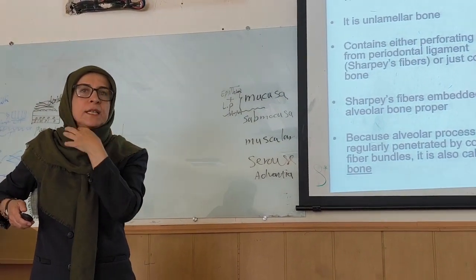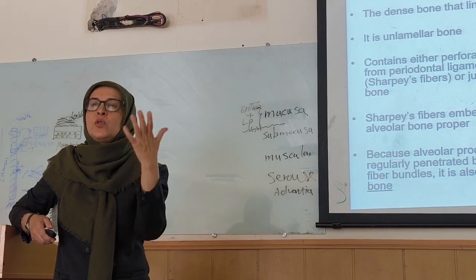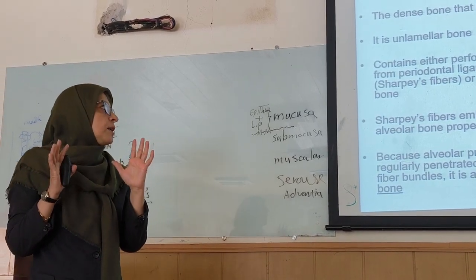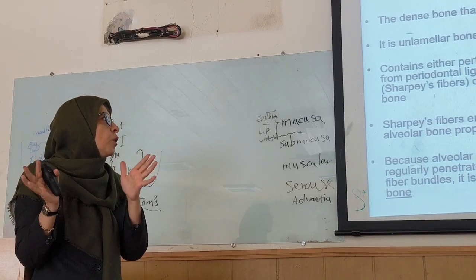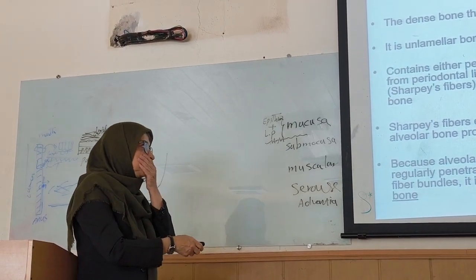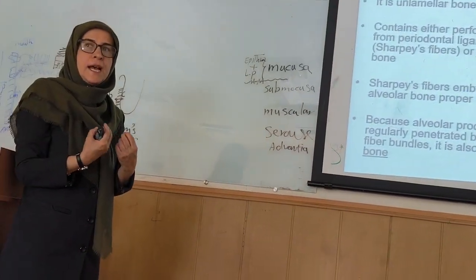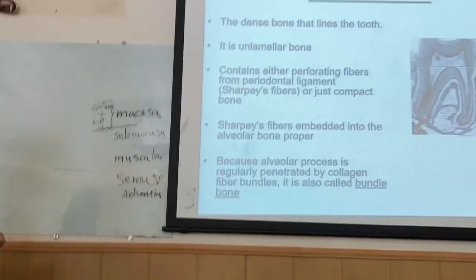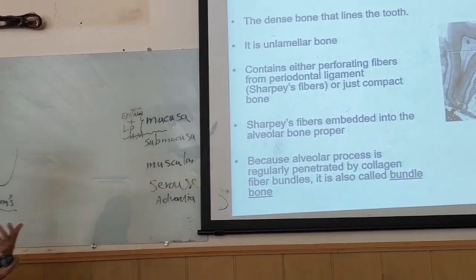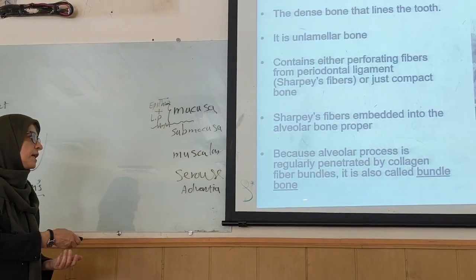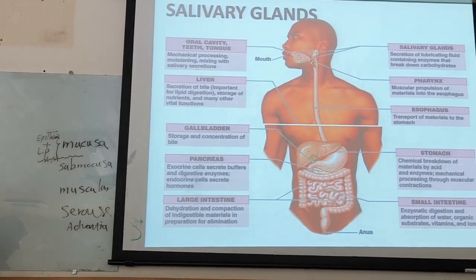The osteoblasts and collagen fibers are located in different directions and don't have any regular structures like the osteon in the lamellar bone. They have a socket for each tooth, the dental socket. In the radiological image, it is also named the bundle bone. Just for your knowledge now about it.